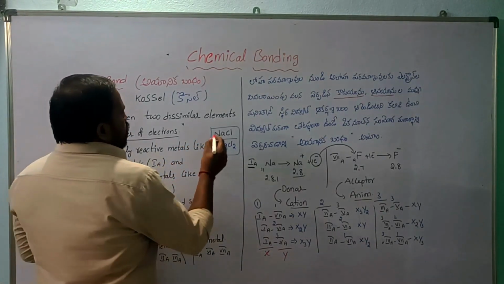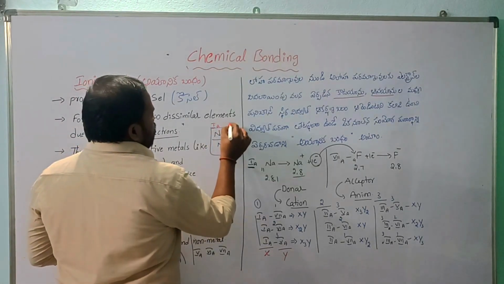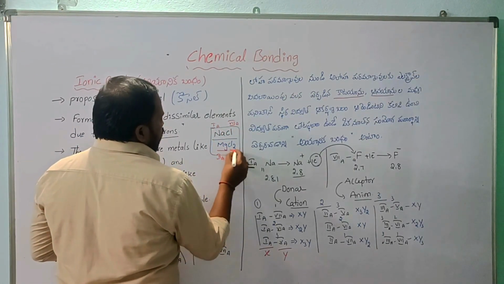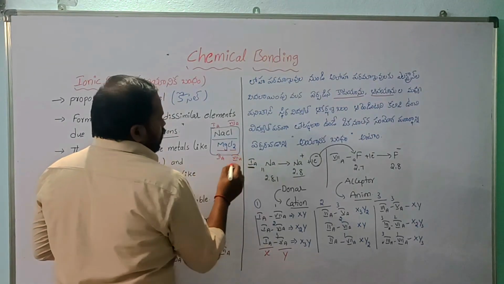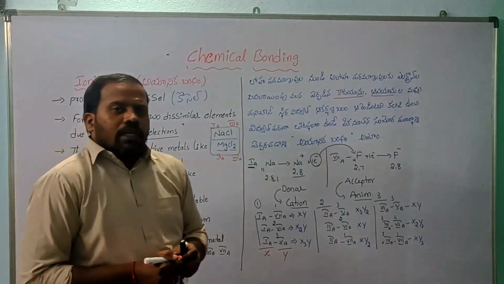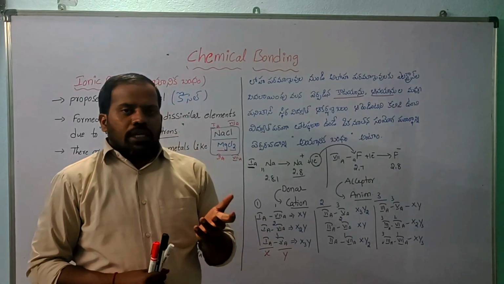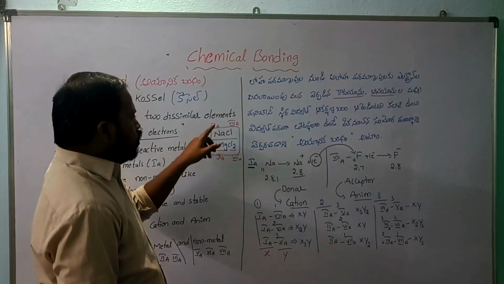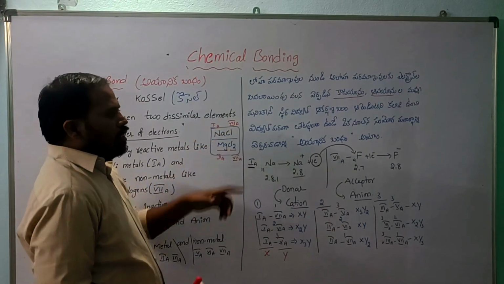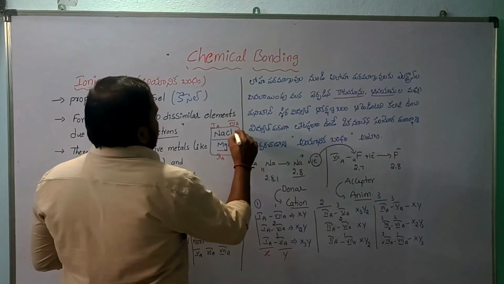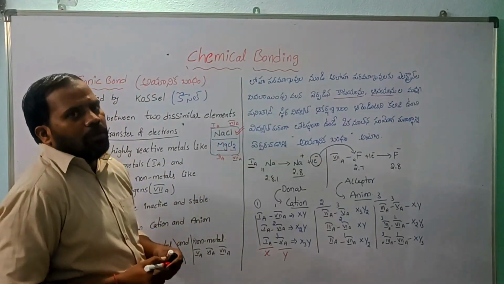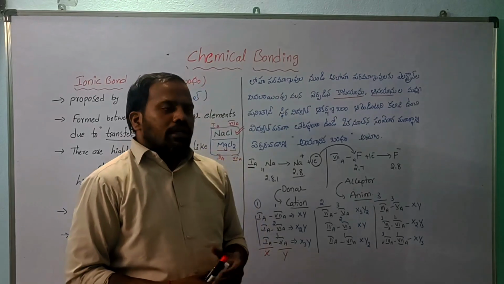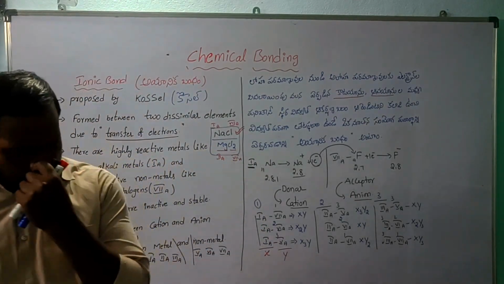So sodium belongs to the first A, chlorine belongs to the seventh A, magnesium belongs to the second A, and this chlorine is the seventh A. So already we said, highly reactive first A and highly reactive non-metal seventh A, that bond is the very strongest one. So sodium is first A, chlorine is seventh A, so the strongest ionic bond will be formed here. Okay, that is the formation of the ionic bond. Then we will learn next.